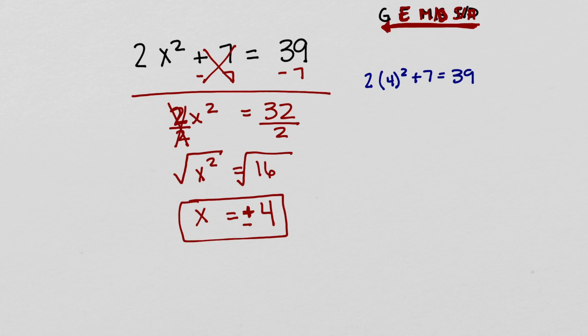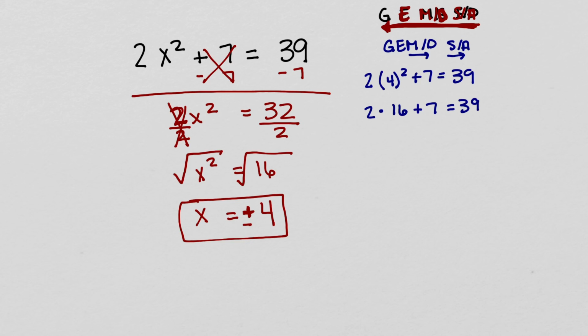Now we're going to have to do GEMS in the correct order. Because we're simplifying, there are no groupings, but there is an exponent, 4 squared. So I've still got 2, but instead of 4 squared, I now have times 16, because 4 times 4 is 16, plus 7 equals 39.